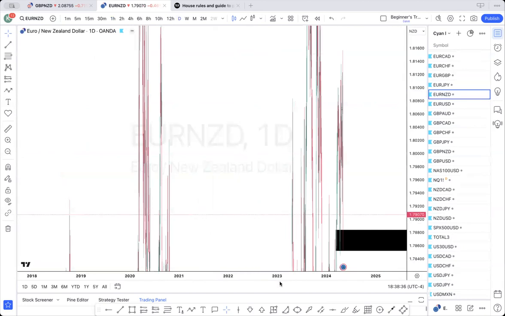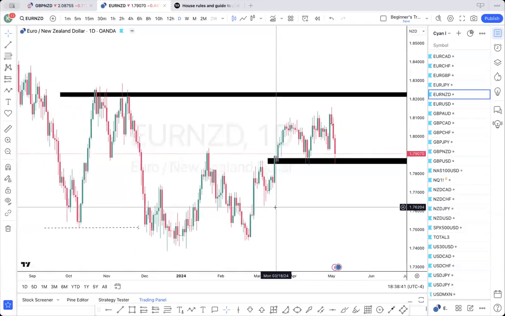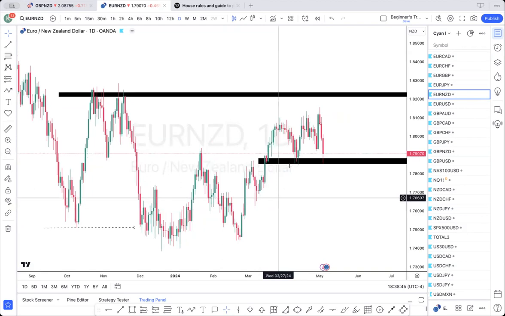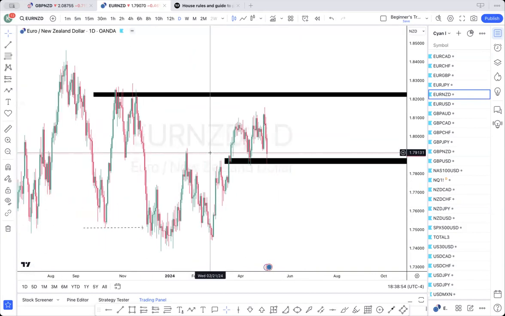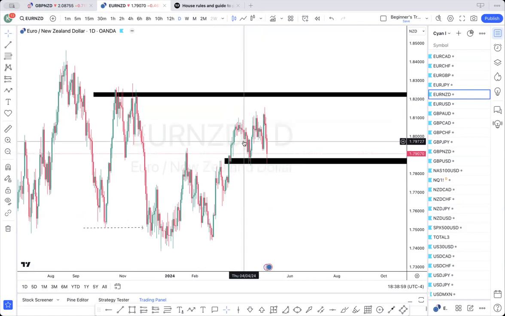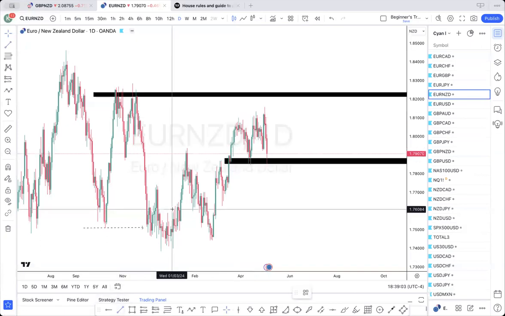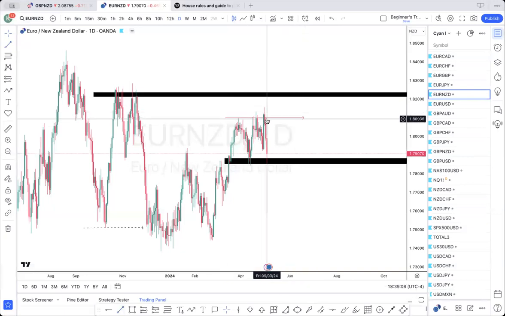Okay, when we look at EN, if we look at our daily swing high and swing low, price pushed up, price did not break until right here.